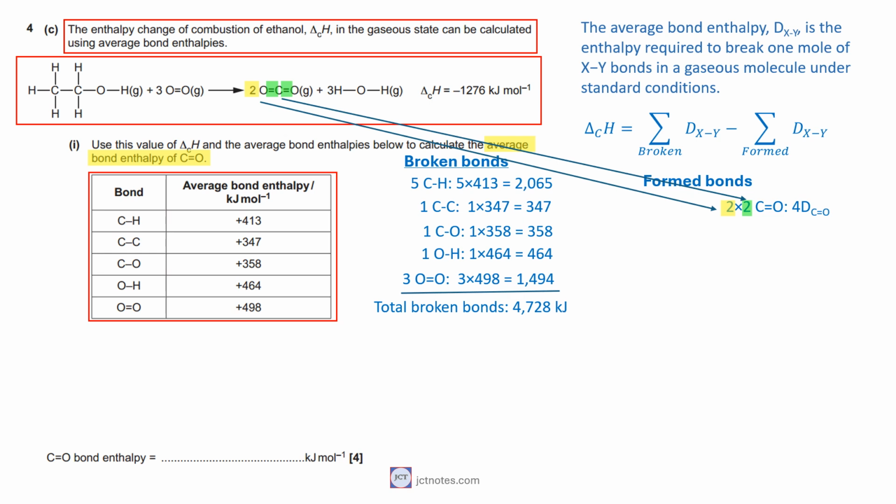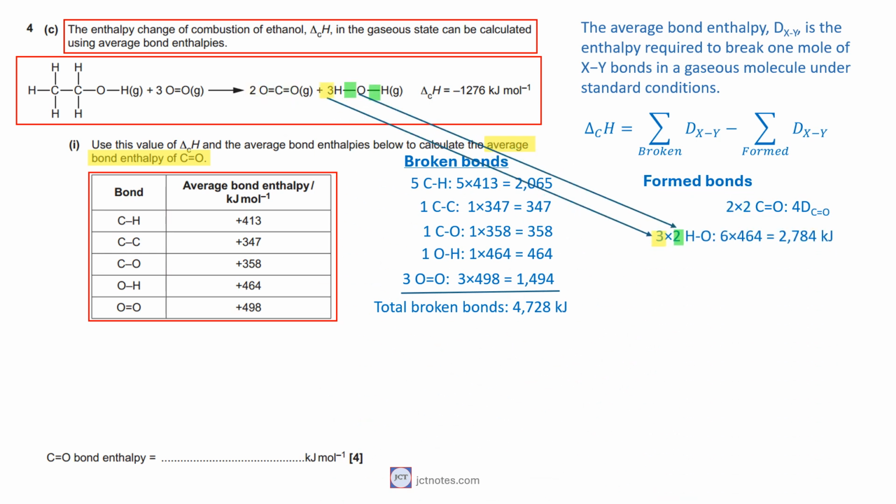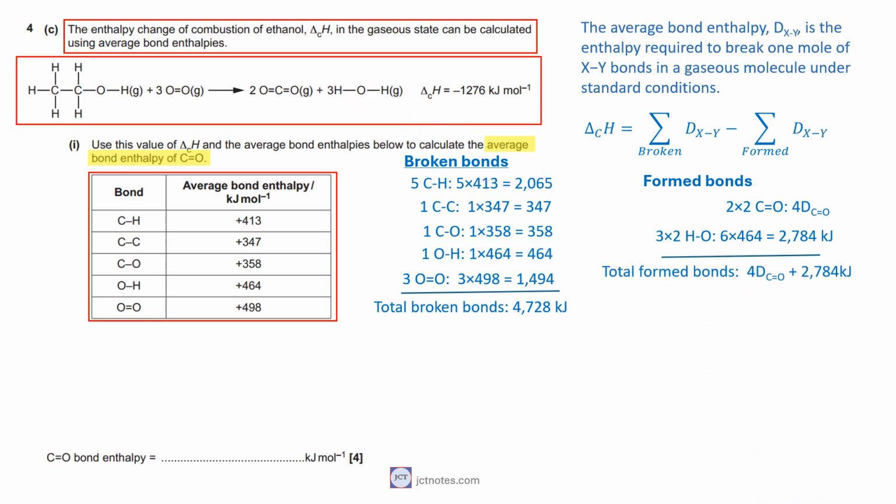We have 2 hydrogen-oxygen bonds for each water. As we have 3 waters, the total contribution is going to be 6 times 464, which equals 2784. Adding these, we get that the total formed bonds is 4 times the average bond enthalpy of the carbon-oxygen double bond plus 2784 kilojoules.